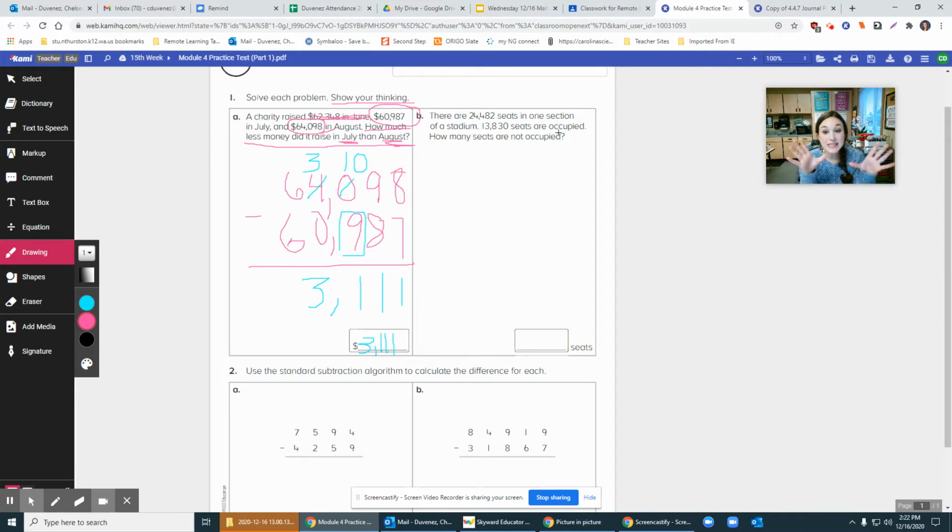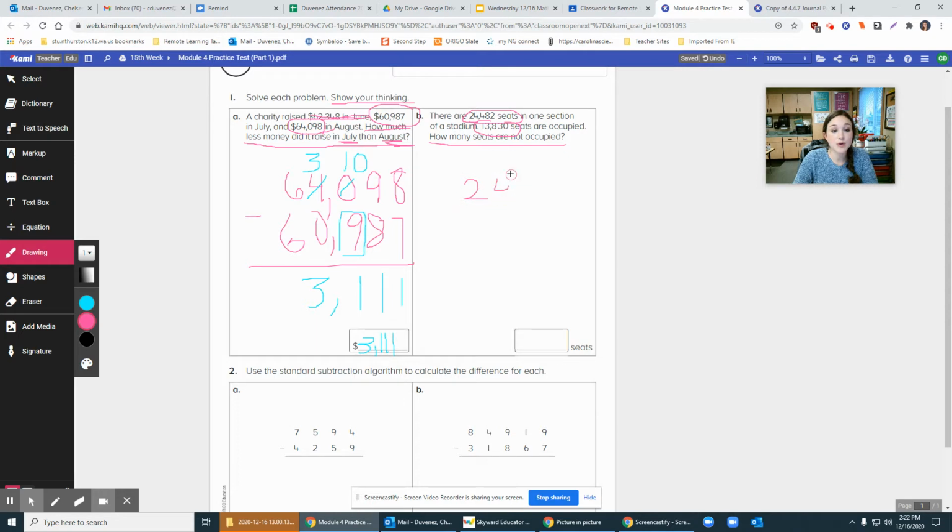So if in one section of it, there's 24,482 seats and 13,830 of them are occupied, meaning people are sitting in them, you're trying to figure out how many are not occupied or how many are open and available. So we need to know how many are there total in that section, how many are already occupied, and to find how many aren't occupied, we need to subtract and find the difference.